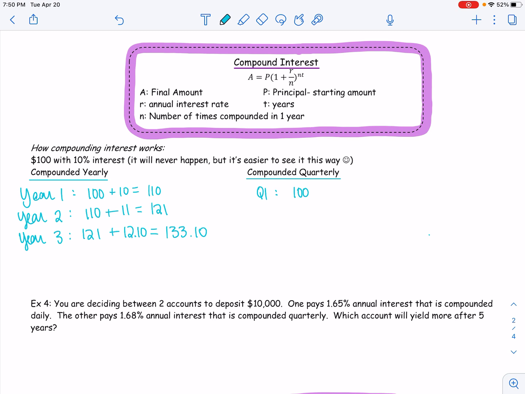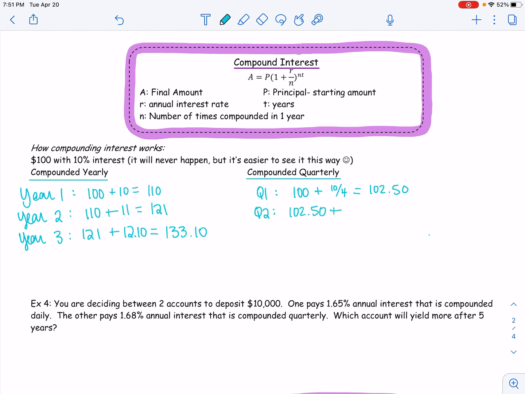You're getting a quarter of that 10% interest. So I'm going to have my $100 plus a quarter of the 10%. Well, 10% of 100 is $10. So the 10%, which is $10, divided by 4, if I add that to 100, I get $102.50. That's going to start me off in my second quarter.